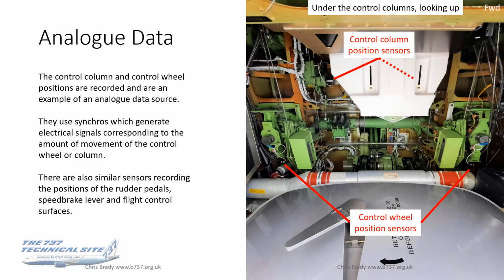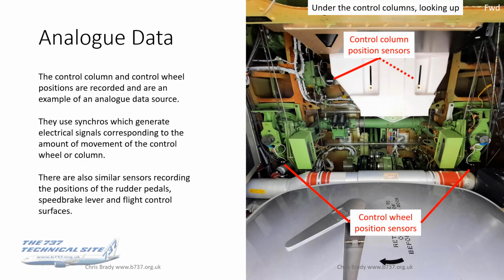So again, if you find the sort of circles below the control columns, you'll see a kind of white curly wire coming off them, and they're going back to control wheel position sensors. And up above is the control column position sensors. One's actually covered by that white blanking mask, but that's where they are.